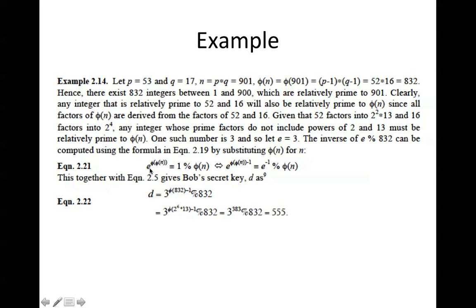This is the equation, and this formula effectively can be transformed into this formula. If you look at it, you multiply both sides by E inverse, and then E inverse becomes this number. Again, this comes from the fact that we're looking for a number that is going to be congruent to 1, and this is Euler's theorem, when these two numbers, M and N, are relatively prime.